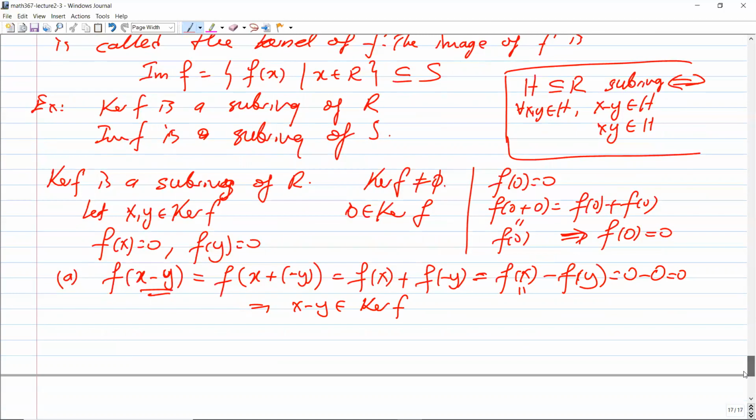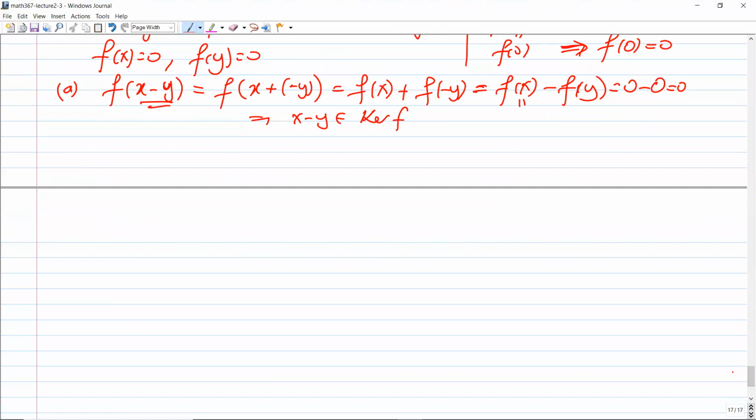In order to check that it's a subring, the first condition is satisfied. Second, let's look at f(x times y). Since f is a ring homomorphism, this is f(x) times f(y). But f(x) is equal to 0, since x is in the kernel, times 0.